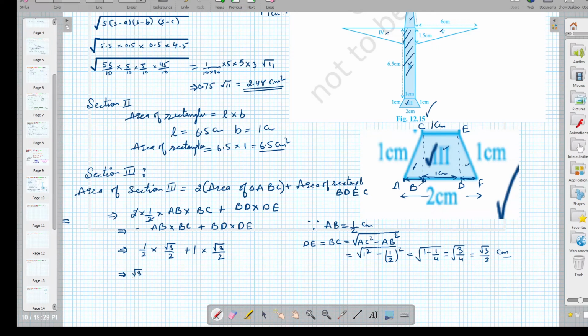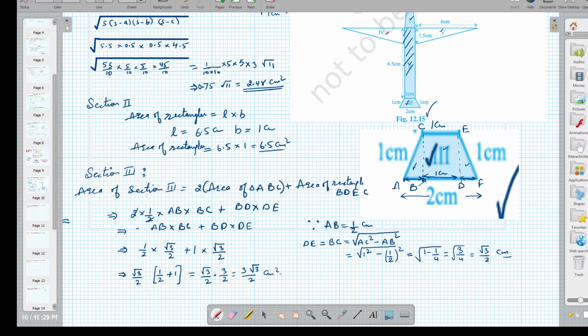So this is under root 3 divided by 2. This is 1/2 plus 1. So that's how we can do that. So this comes out to be under root 3 divided by 2, this will come out to be 3/2. So it is 3 under root 3 divided by 2 centimeter.